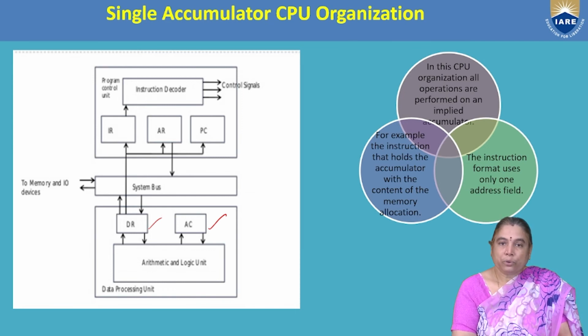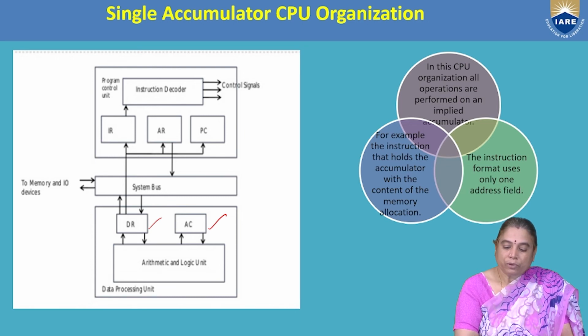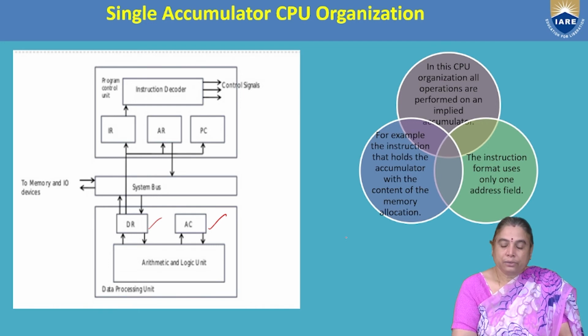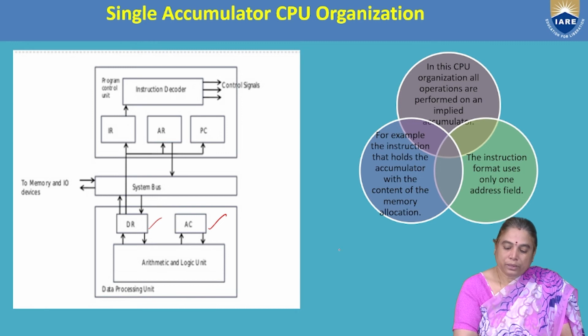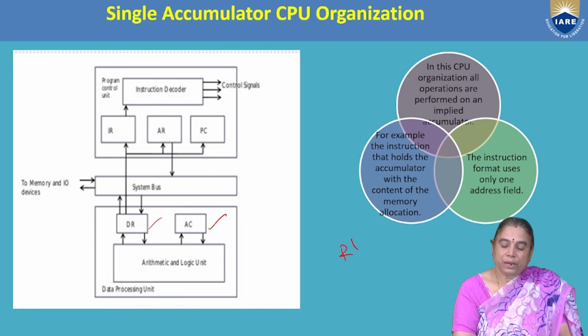For example, consider adding two numbers in this type of organization. This type of CPU organization generally uses single address instructions. First, the first number has to be loaded into R1.